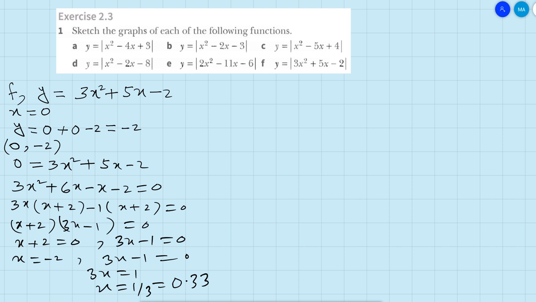I took two decimal places because the graph always shows the estimated value, not the exact value. So when x is minus 2, then y is 0, and when x is 0.33, then y is 0.